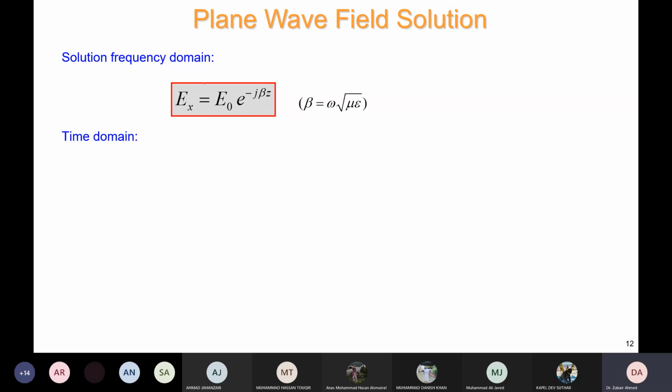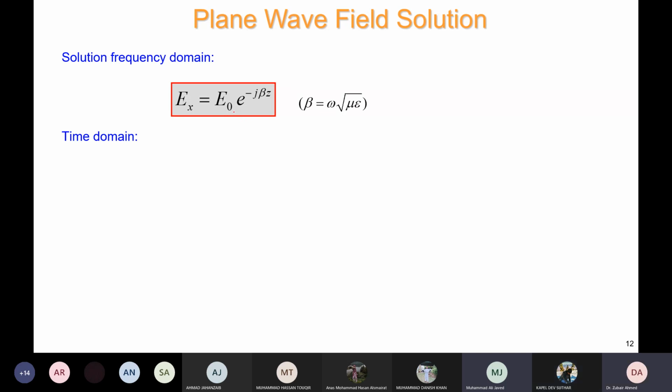How can I convert this phasor signal back into the time domain? Real part of Ex times e to the j omega t.